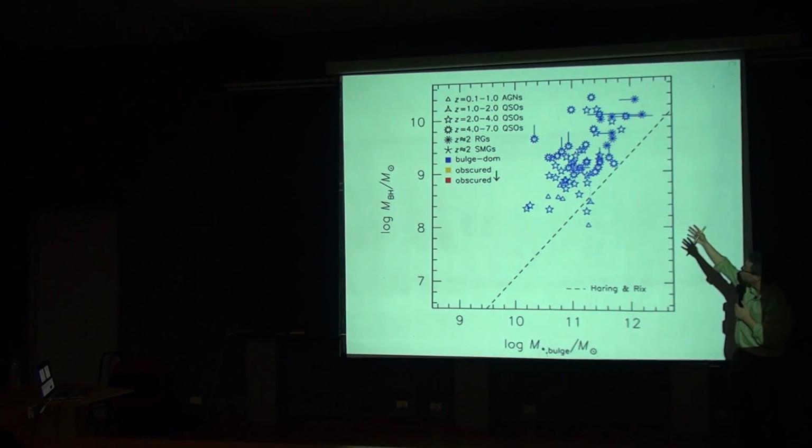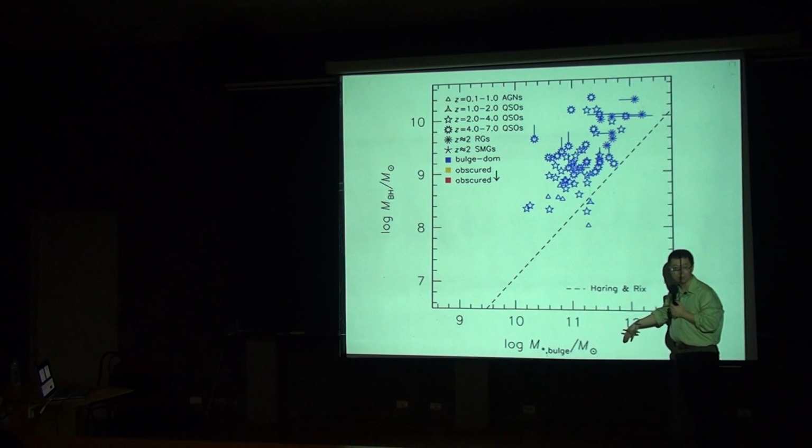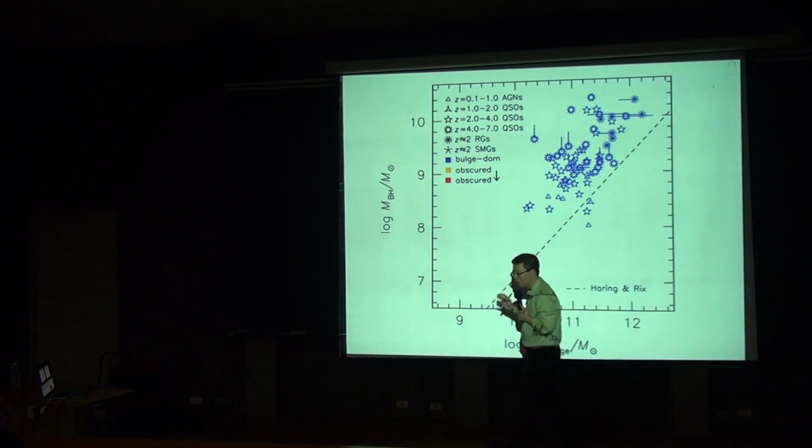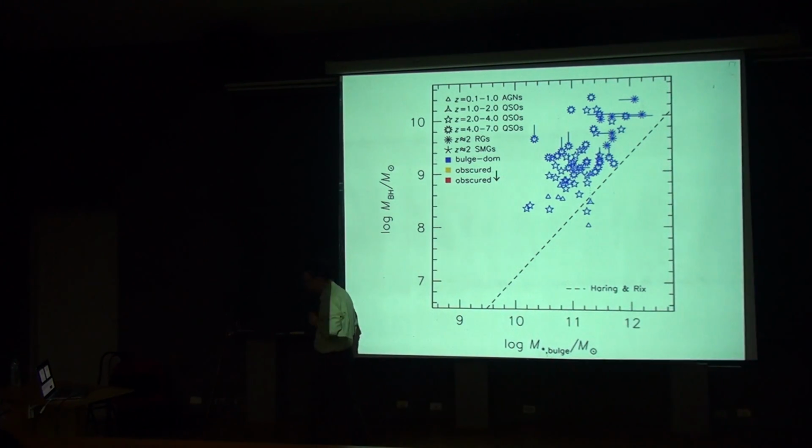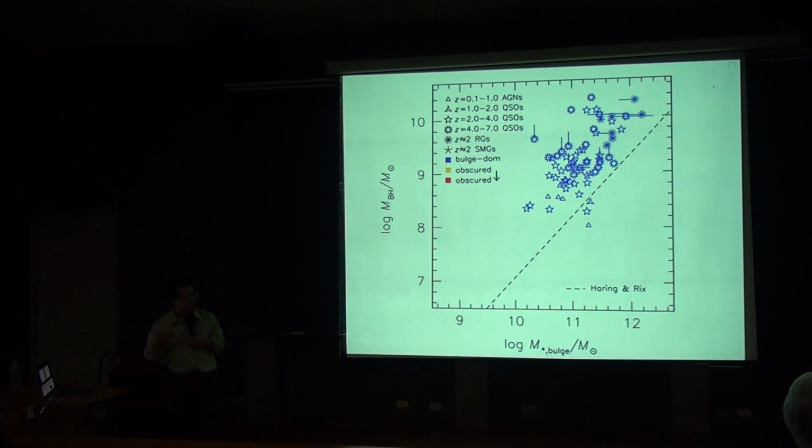The mass of the black hole was significantly higher compared to the mass of the galaxy than the local normalization. This is for quasars that have already shown their glory. These are unobscured quasars shining. These are not the growing things. These are things that have already blown out of their cocoon. They've already emerged out of their dusty environment.